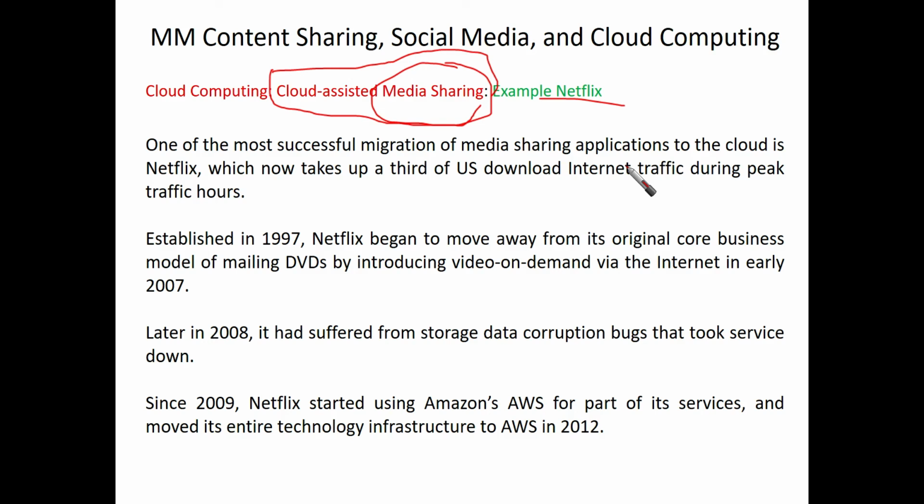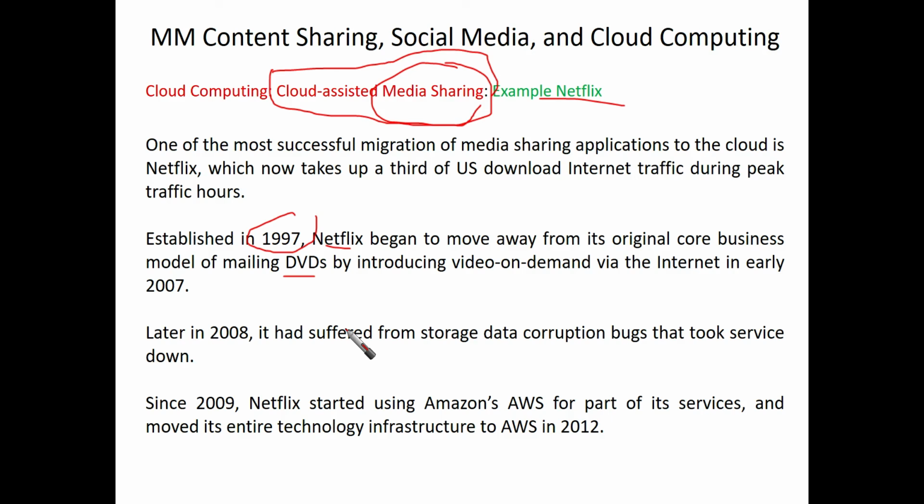This is exactly via Amazon cloud service. A little background: Netflix started their business in 1997. At that time their core business was selling DVDs, and the DVDs were provided as a service. The customers used to write to them that they needed a DVD, and then the DVD was mailed.